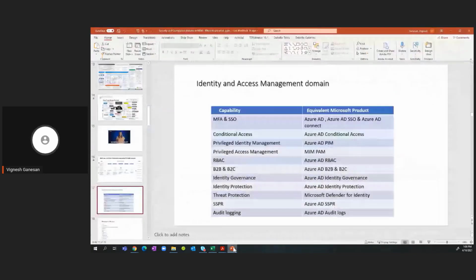Then we also have things such as, say for instance, if you're thinking along the lines of privileged identity management and privileged access management, right? Now, what I mean by PIM is this: as the name itself says, this is for privileged access. When I say privileged access, these are for high level roles. Maybe think of you having access such as global admin or SharePoint admin or OneDrive admin or Exchange admin or Teams admin, something of that sort, right?